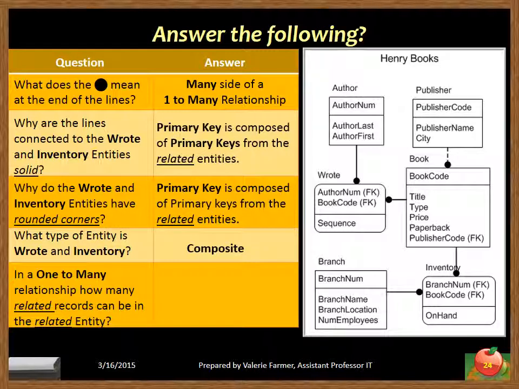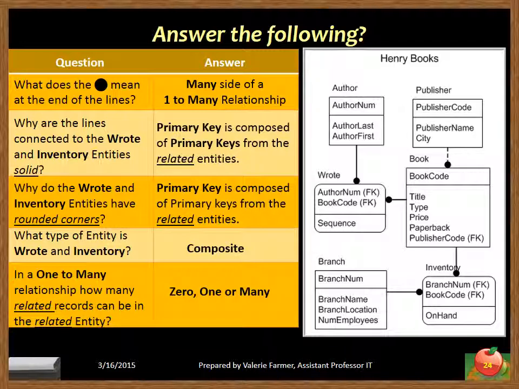In a one-to-many relationship, how many related records can be in related entities? 0, 1, or many. Let's look at an example of a 0 related record.